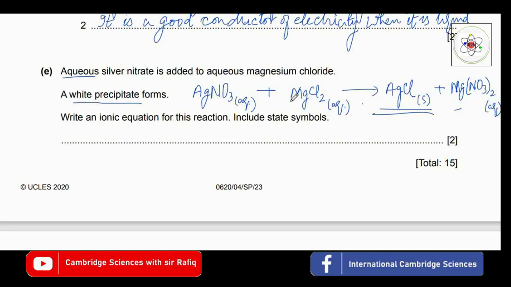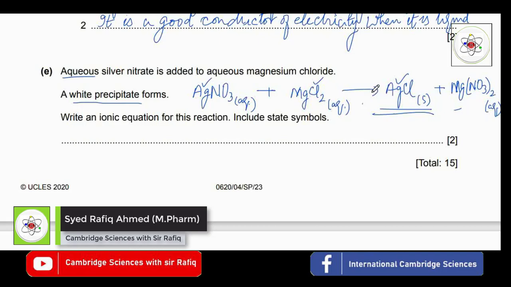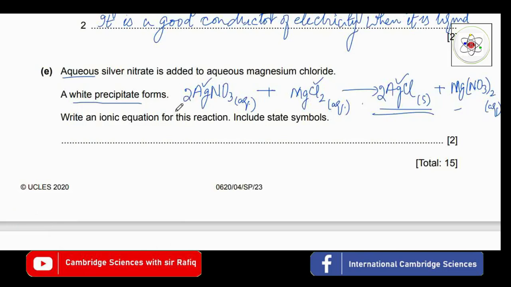An ionic equation for a precipitation reaction is always the formation of the insoluble salt from its ions. So how can you write the balanced equation, 2 and 2? When we write 2 here and 2 here, this makes the chemical equation balanced.